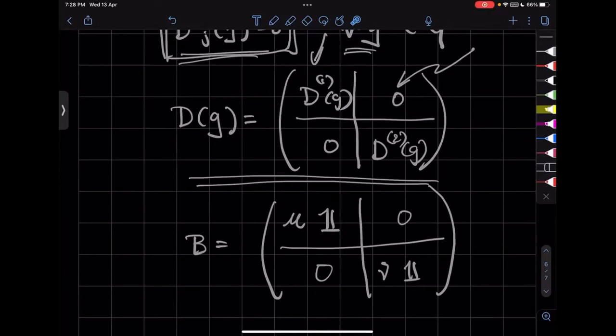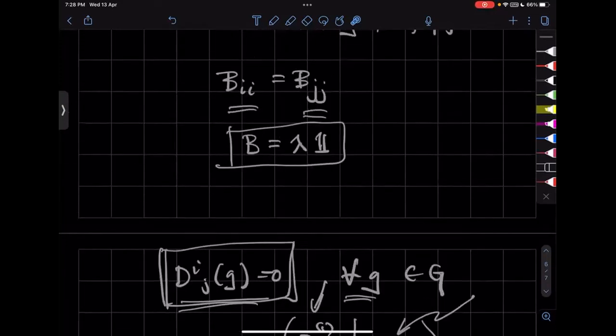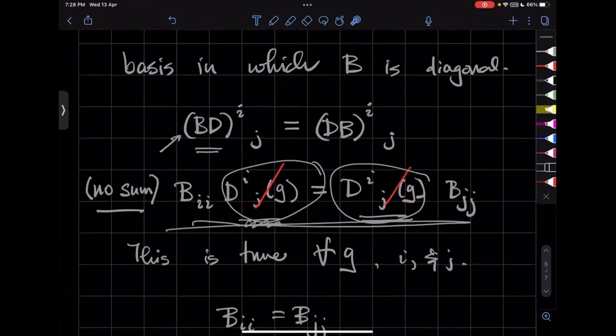Okay, any questions or comments? Yeah, I didn't understand the part where D_IJ equals 0 implies that those blocks are 0. Right. So the point about this equation is that it is true for all g, all I, and all J. That was the assumption, right?